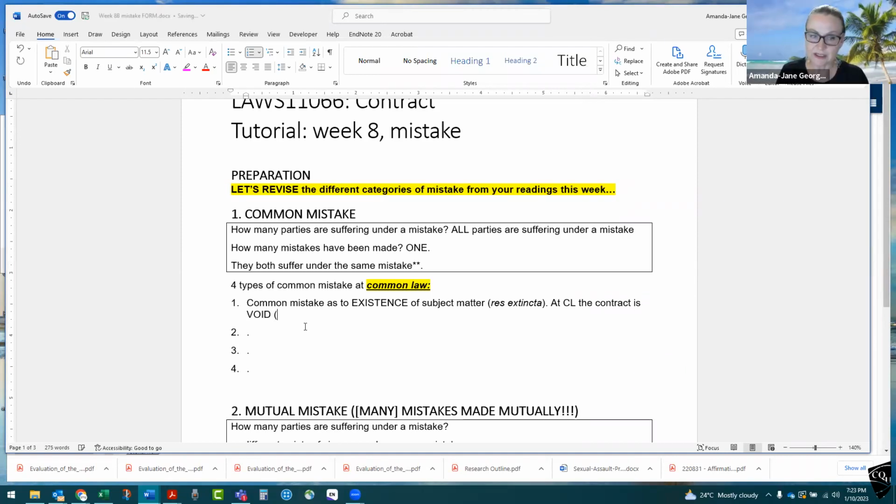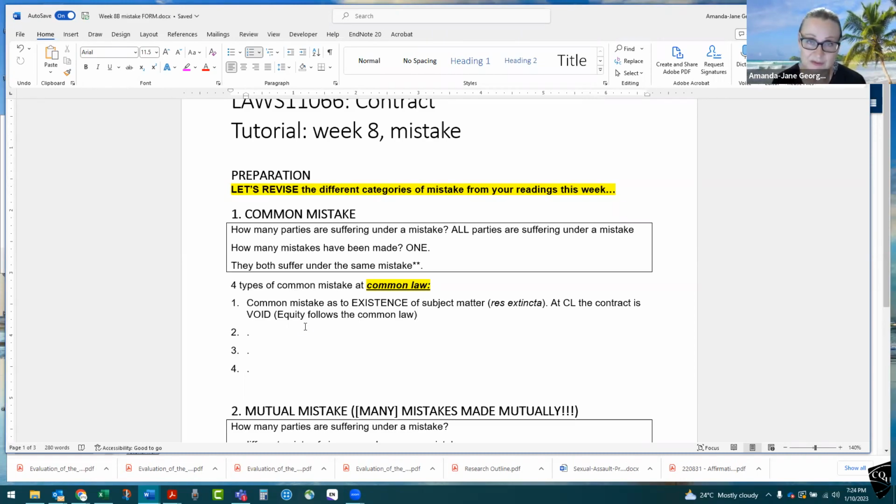Now, equity follows the common law. So equity is this great little body of law, it's like the white knight that rides in to save the day when the black-hearted common law has made a really strict decision about something, usually. And equity sometimes just has to follow along behind the common law.